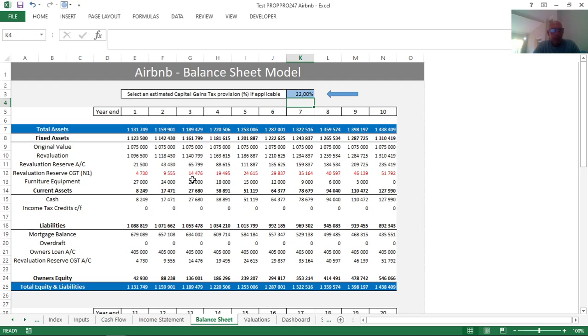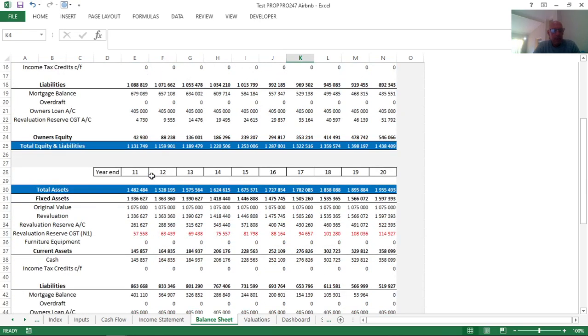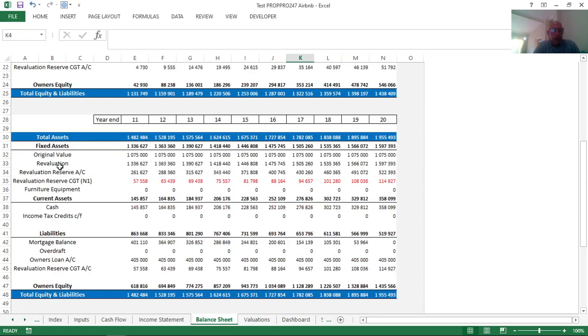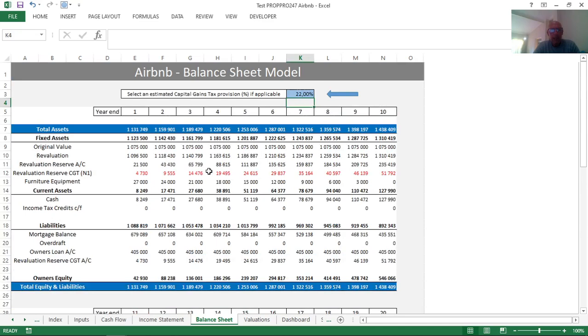So again, these are 20-year balance sheets, easy to follow. Everything is automated for you. You don't have to do anything other than enter in your input sheet. And as I mentioned again, in your income statement you can put in your tax amount, and in the balance sheet you can put your projected capital gains tax, and everything's calculated for you.